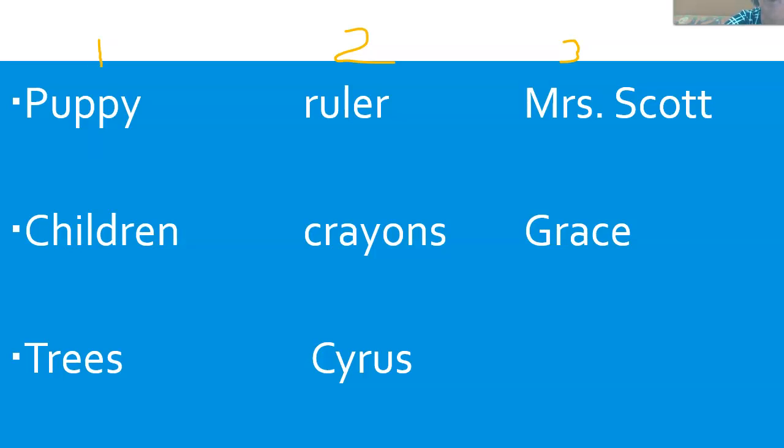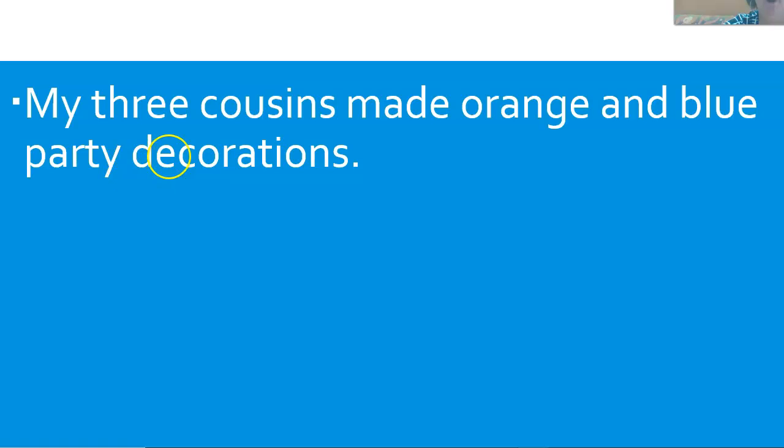Cyrus is apostrophe S. So hopefully you did well on that. All right, here we go with one of my favorite things to do. We're going to mark the sentence for diagramming.